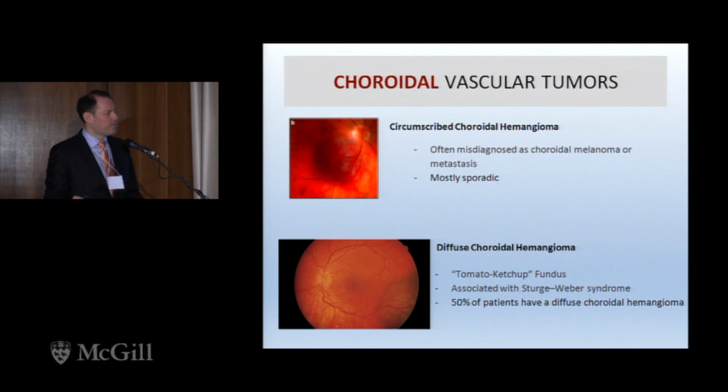As opposed to the diffuse form, where we often see this with disorders such as Sturge-Weber syndrome. And this is that classic description that all residents know and remember of the tomato ketchup fundus, which you can see down in the picture below, this diffuse uniform redness scattered throughout the posterior pole.